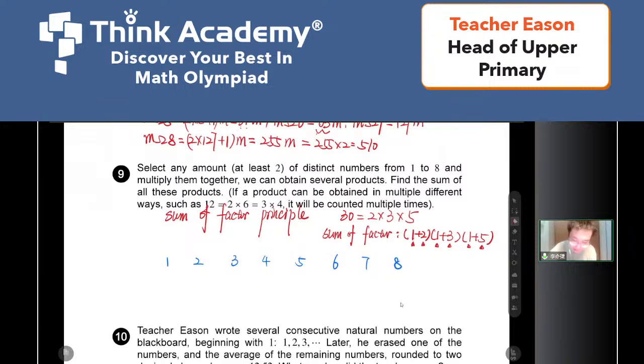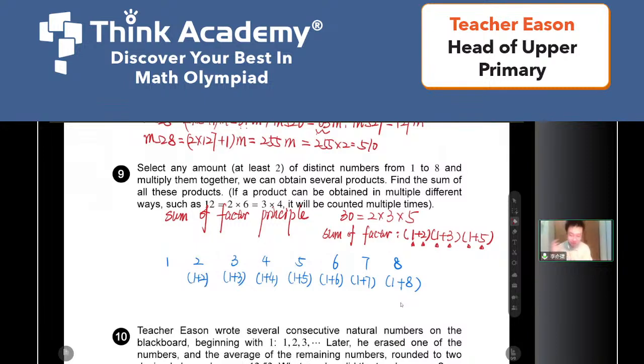If we use this 8, we just write this 8. If we don't use this 8, we use a 1 to replace it. So for the factor 8, we have two choices. And for the factor 7, two choices. Factor 6, two choices. Factor 2, also two choices.